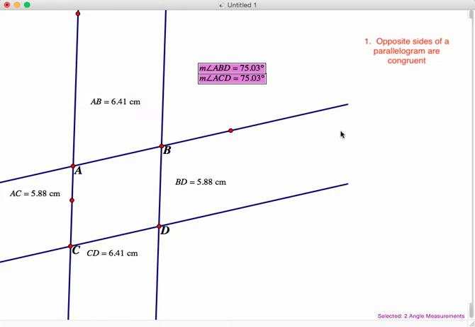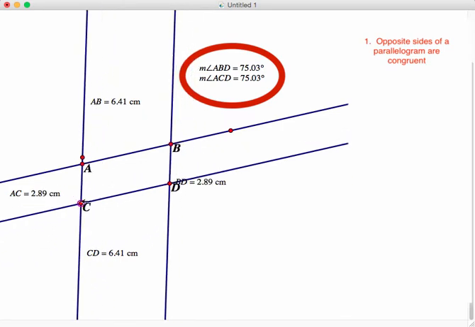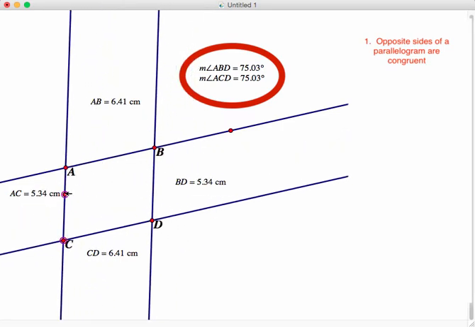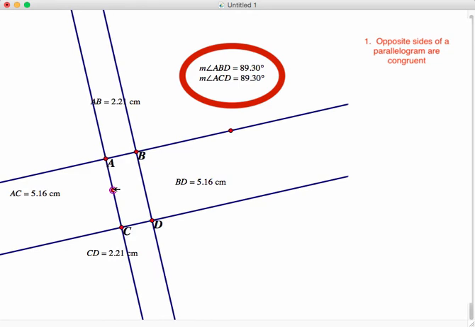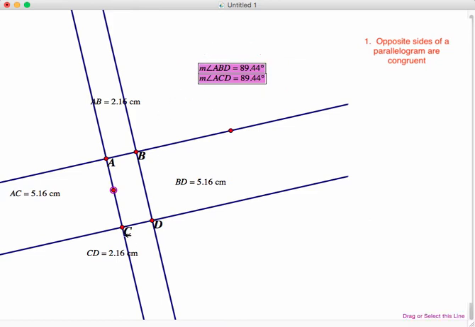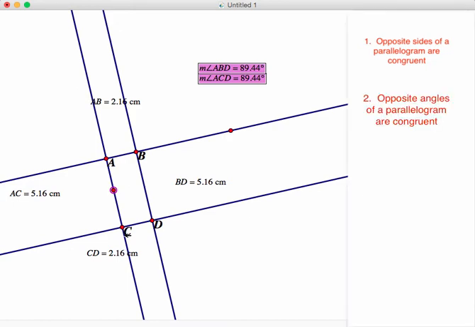Now that could just be this particular parallelogram, but if you watch as I move the points around, those angles stayed 75.03, but I could change the angles a little bit. But what's important to note is they stay exactly the same, even to the 100th degree. They are congruent. So the second property we need to understand is the opposite angles of a parallelogram are congruent.